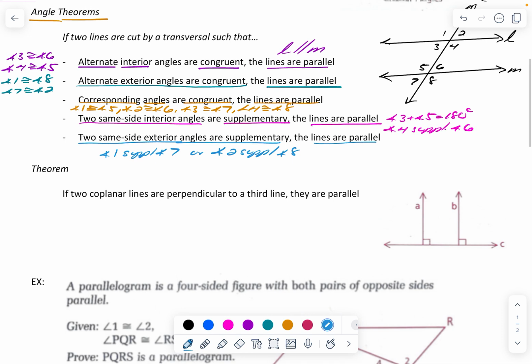All right, so those angle relationships are all ways to prove that two lines are parallel. If you can just show one of those relationships, then you can say the lines are parallel. Very, very valuable.